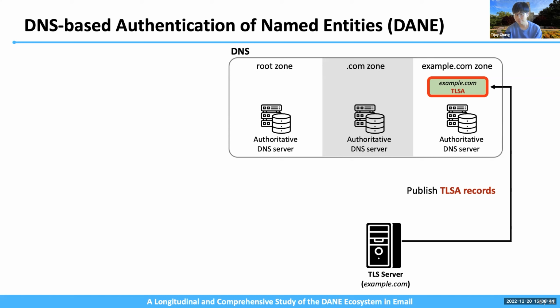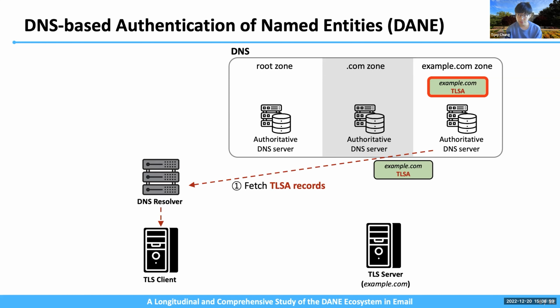So I extract the public key information from my self-generated certificate, and then I publish this public key information as a TLSA record. And this TLSA record has to be signed by the DNSKEY so that it has a valid DNSSEC setup to make sure these TLSA records are not forged.